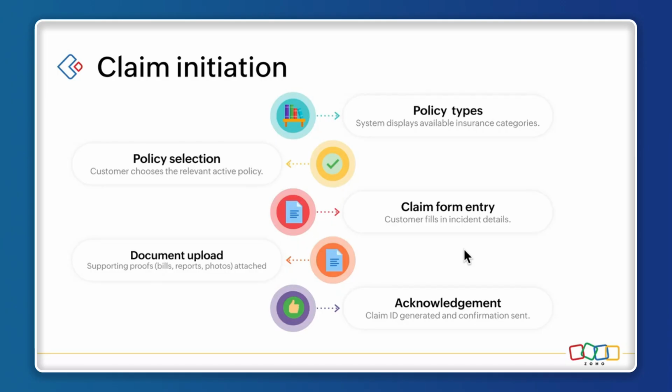And once the claim is created, they have to upload all the discharge summary and the bills they have paid, in order for the claim to get accepted. Once they upload, they will get acknowledged about it, and the claim ID will be generated. So this is how the claim initiation works.